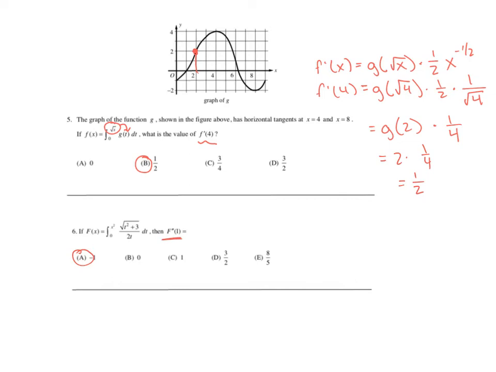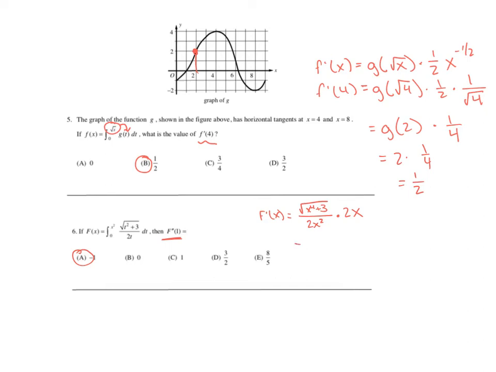If we find the first derivative, f prime is going to be the square root, and I plug x squared in for t, so x squared squared, I have x to the 4th plus 3 over 2 times x squared, and then I need to multiply by the derivative of x squared, which is 2x.